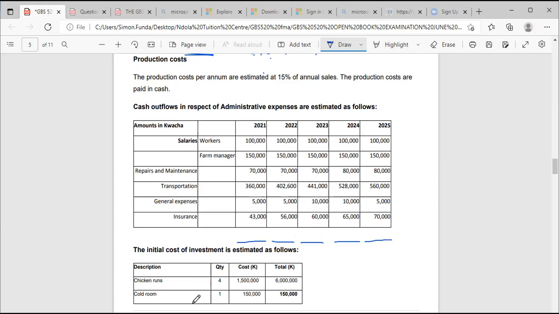In 2021, what is the total administrative expenses? So let's just add together 100 plus 150 plus 70 plus 360 plus 5 plus 43. So in 2021, the total is going to be 728. So I can write 728 here.